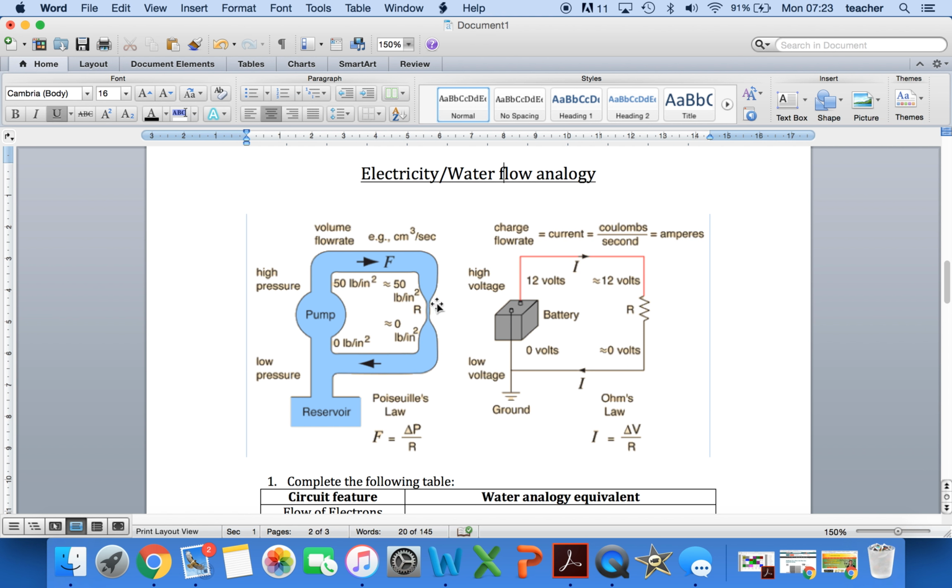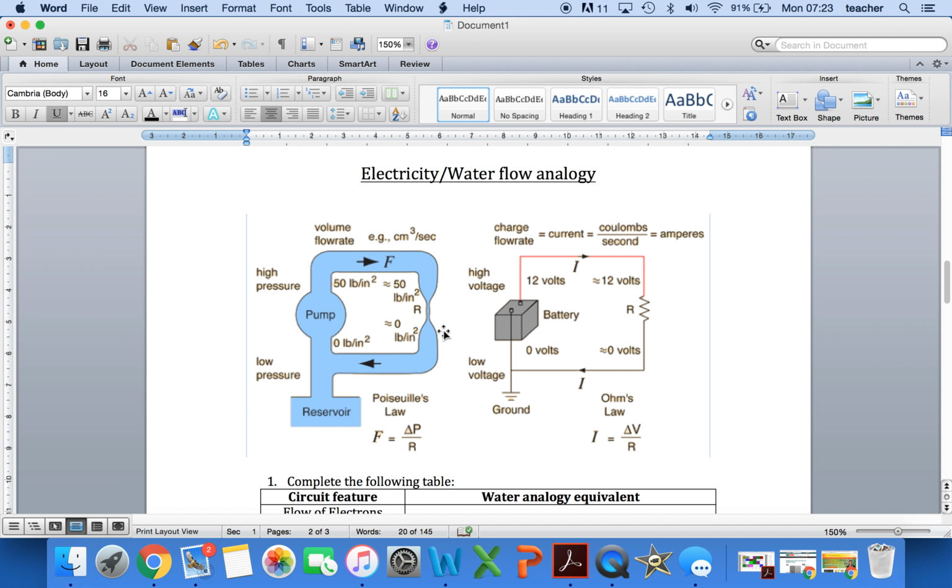Here in the water analogy, what they've shown is a constricted pipe, or a pipe that's much thinner than what the wire would be. That's another way that we might think about resistors: they resist the flow. This constricted area, where the diameter is much less than in the normal pipe, which we're comparing to the wire, shows what a resistor might do to a circuit.